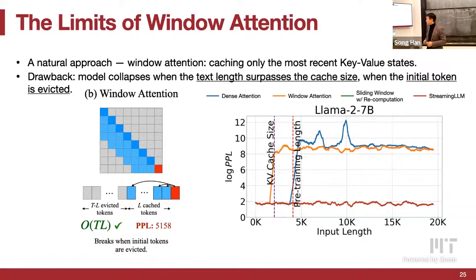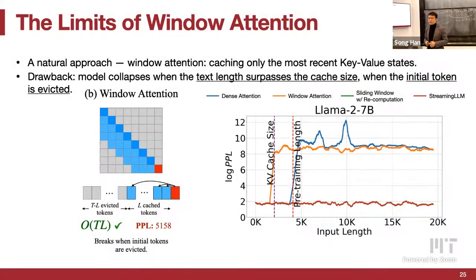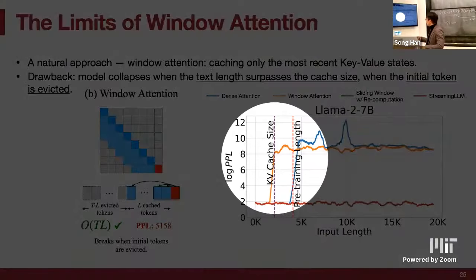So here we have our cached tokens, but you can imagine the perplexity will be very poor. It will become very poor as soon as the first token in the KV cache is evicted, when the text length surpasses the cache size. So here we actually see 2 failures.